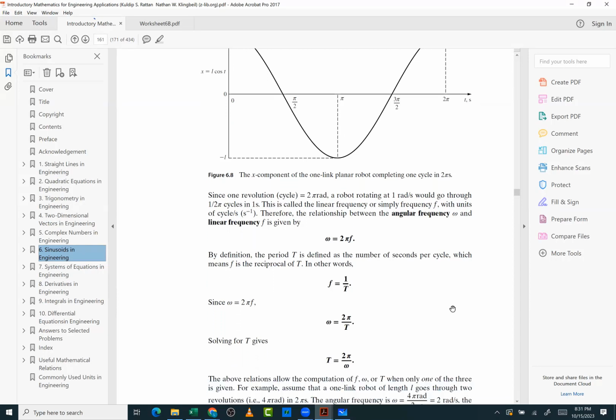So that's why I'm looking to see how I can relate back to the book here. Omega is what I called B. And if the period, I'm going to call it P for period, that's the same as T.